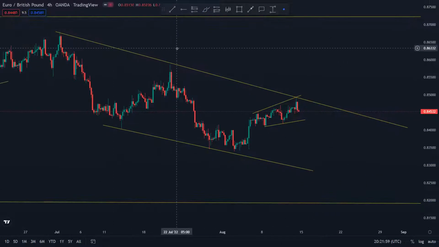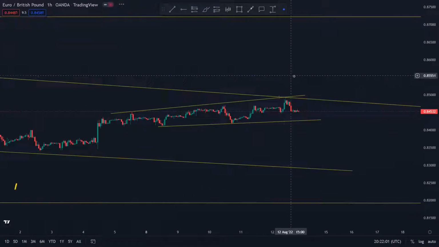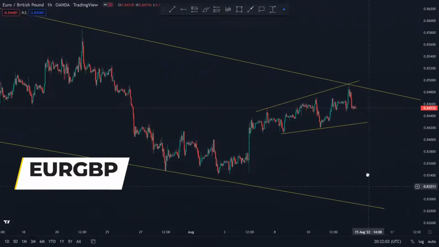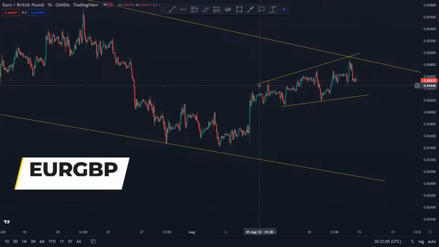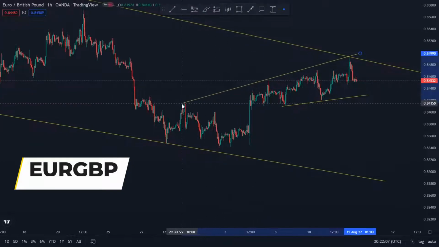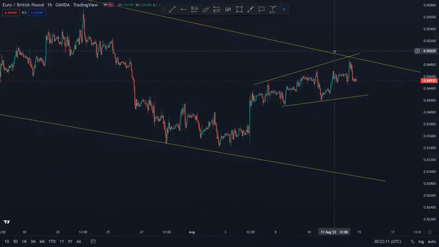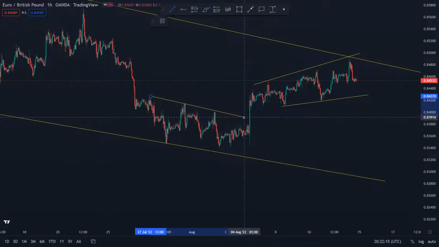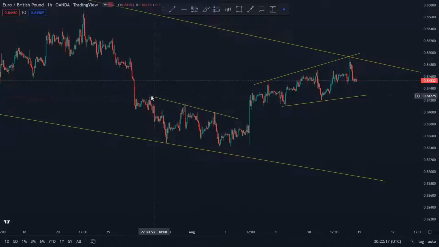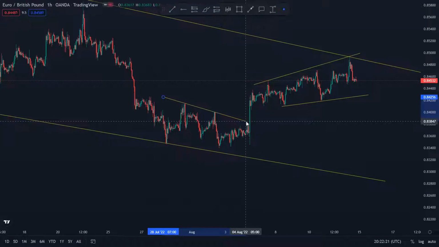So let's come to the 1H and quickly work through it. So what we can do is keep it very simple. You can have this and then you see what's in this here.